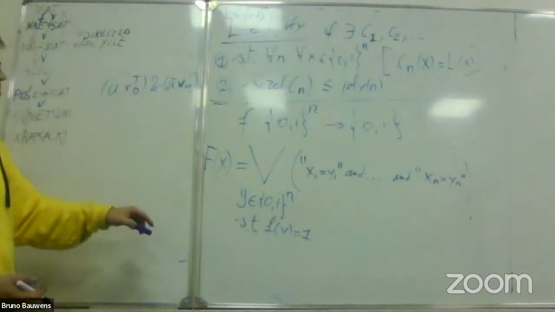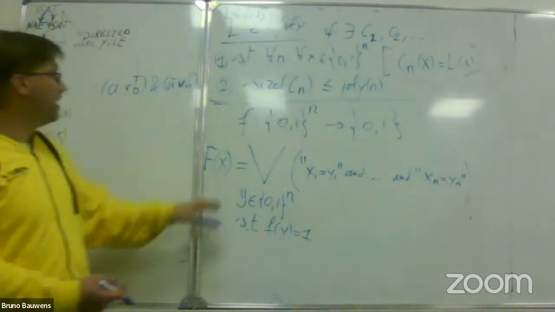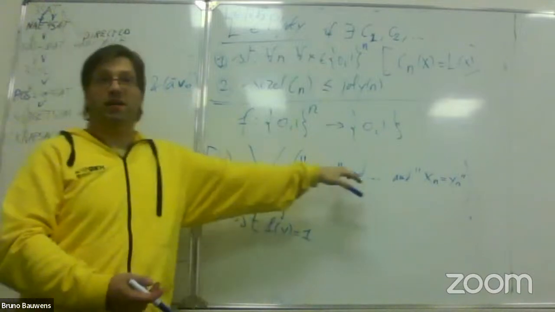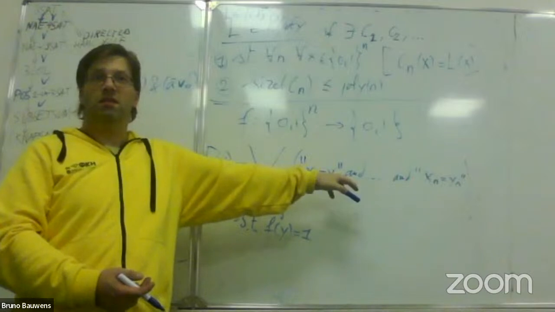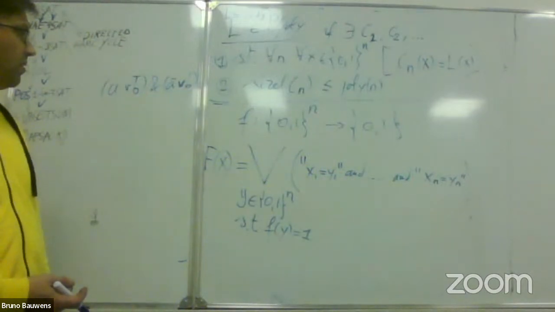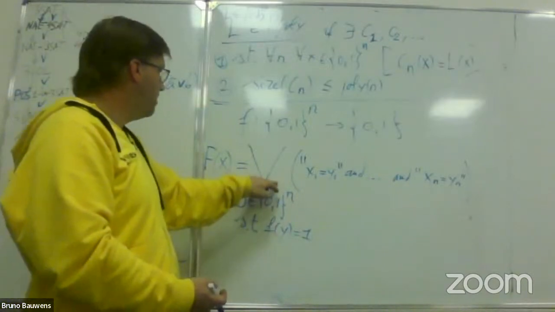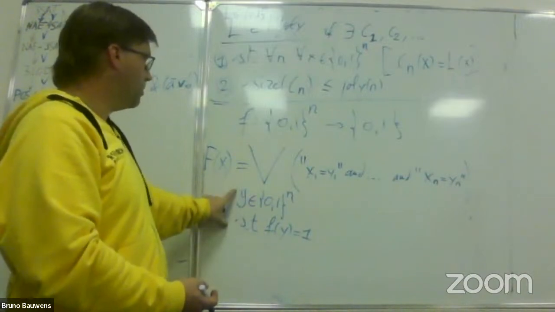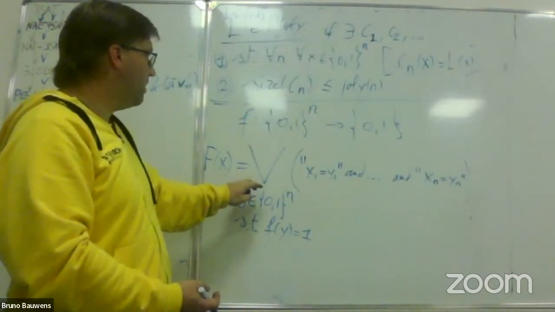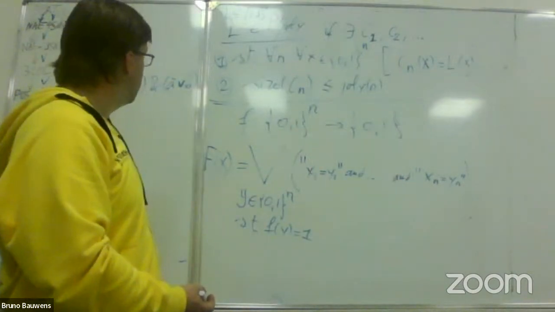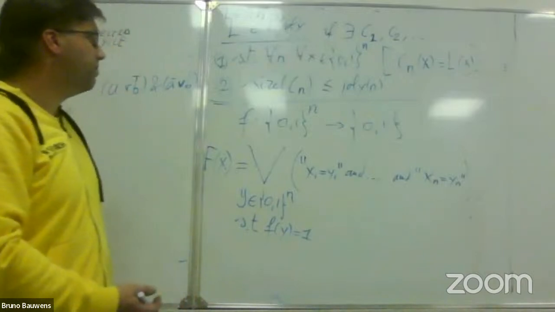Then I will have a big OR, I will have a big AND. So I need to have an AND over all clauses that produce 0. It's just like applying De Morgan's rule.